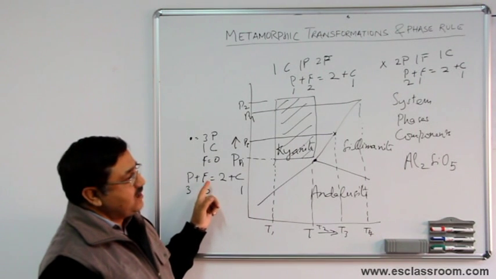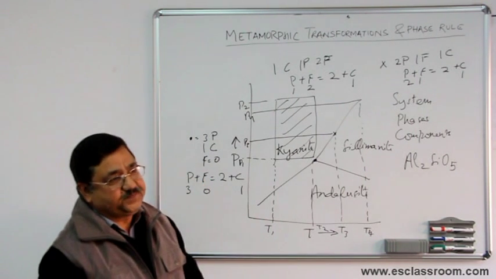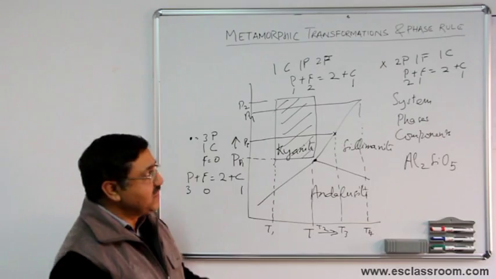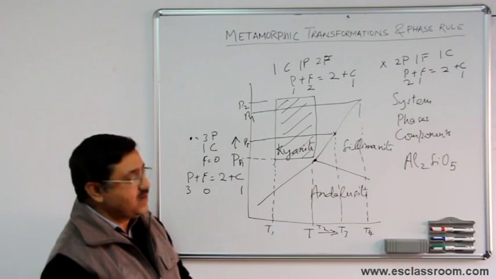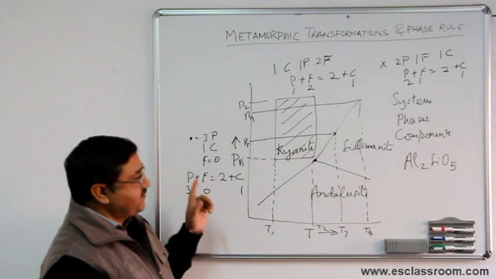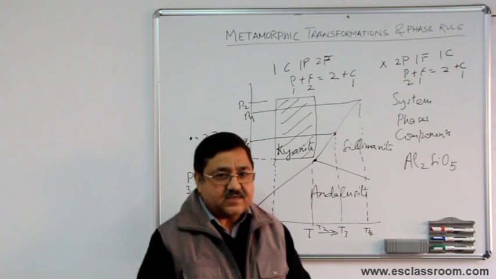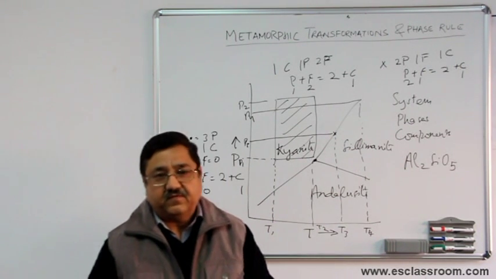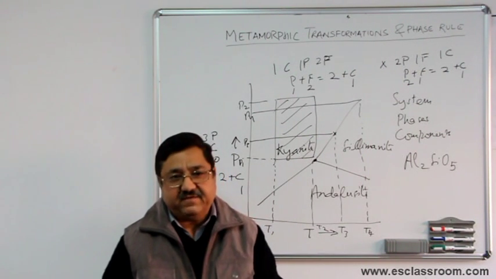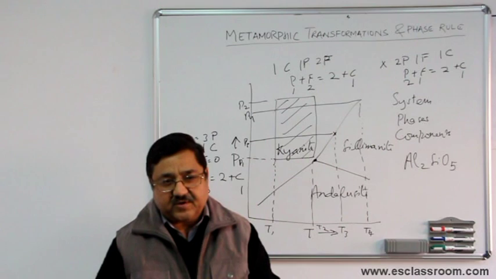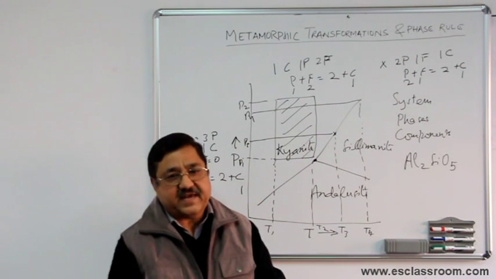Now this is an extremely useful relationship, and this is known as Gibbs phase rule. Gibbs phase rule allows us to know, for a certain number of components, how many phases are possible for different variable situations.